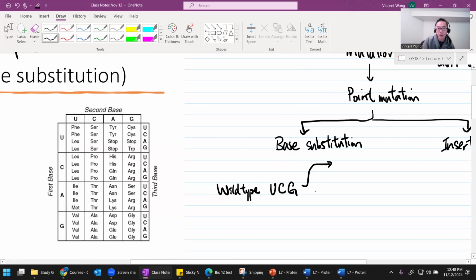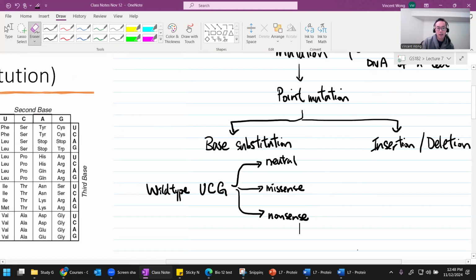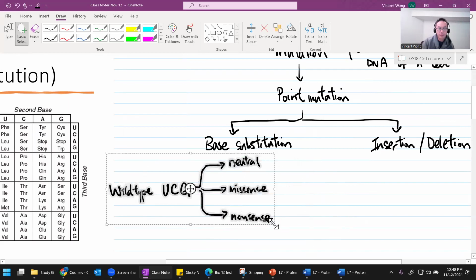So I want you to create three different mutations. I want a neutral, missense, and nonsense. All right, go for it. Please send it to me when you have it, okay?